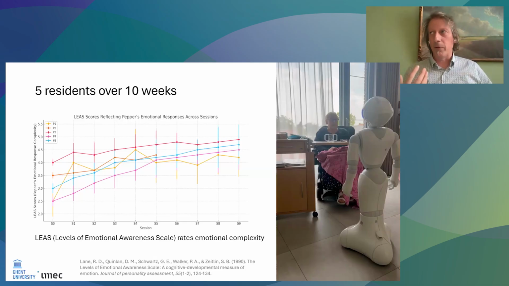It's talking about bereavement, really deep concerns. And you see that LEAS creep up week after week, showing that the robot really manages to engage in conversations that are personal and very meaningful to residents.